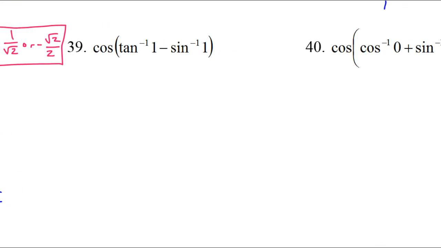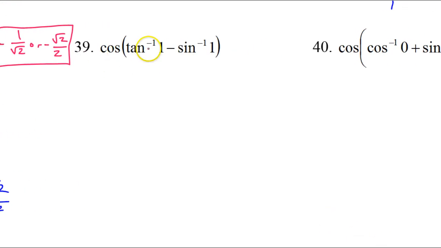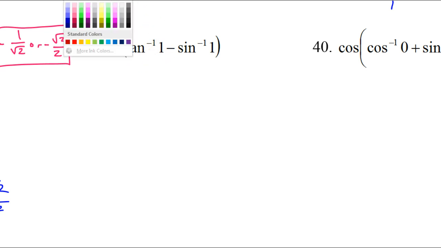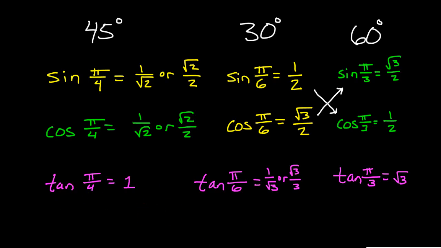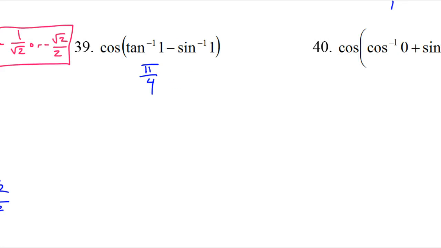All right, number 39. Inverse tangent of 1. That's the angle whose tangent is 1. We know that that is pi over 4. The tangent of pi over 4 is 1. And then we have minus inverse sine of 1.